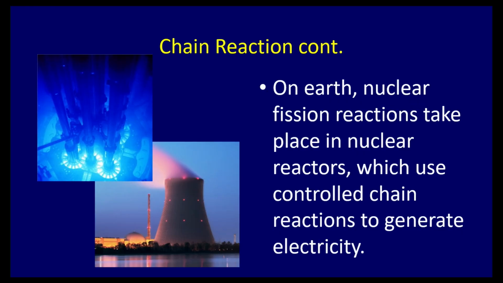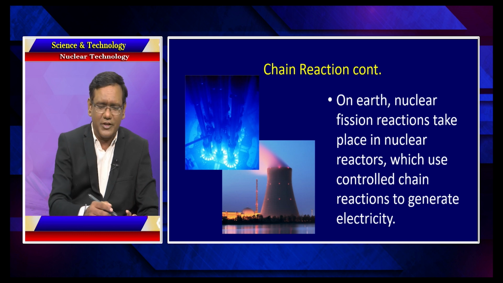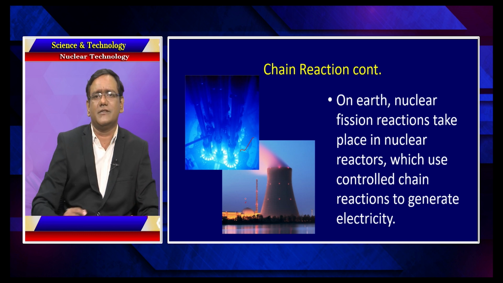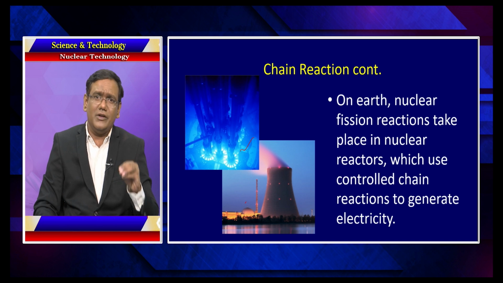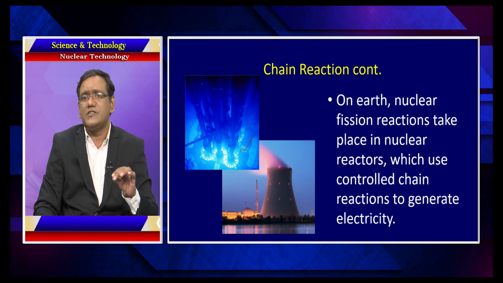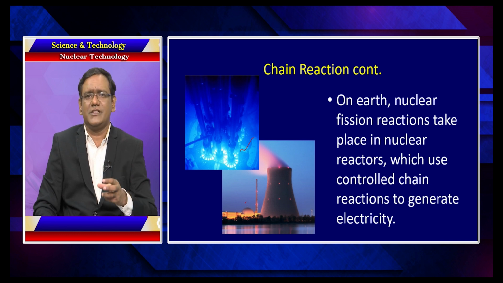So on the earth, nuclear fission reactions take place in nuclear reactors. The reactor would look like this. In these nuclear reactors, we need to control this chain reaction so that we can generate electricity.